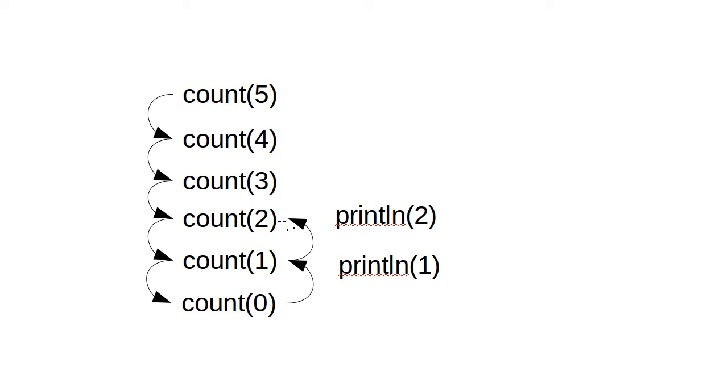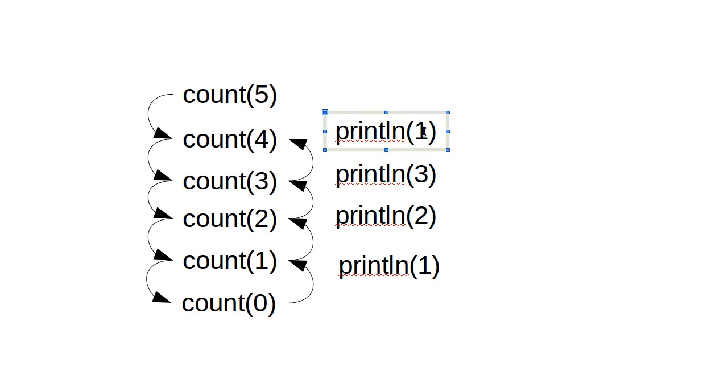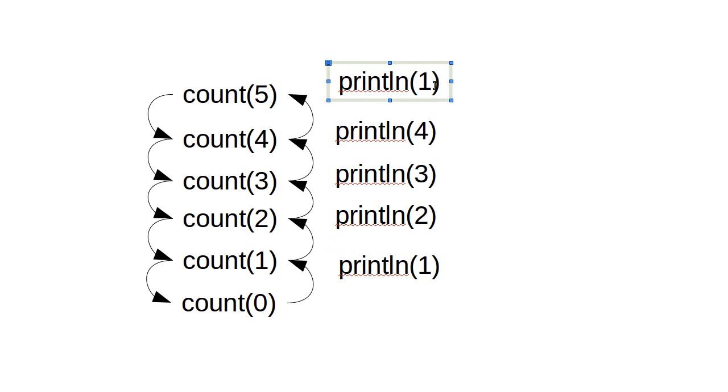That's the last thing to do, so it returns up to here, which prints out the 3, and that returns up to the version with 4, which prints the 4, and that returns to the version with 5, which finally prints out the 5.